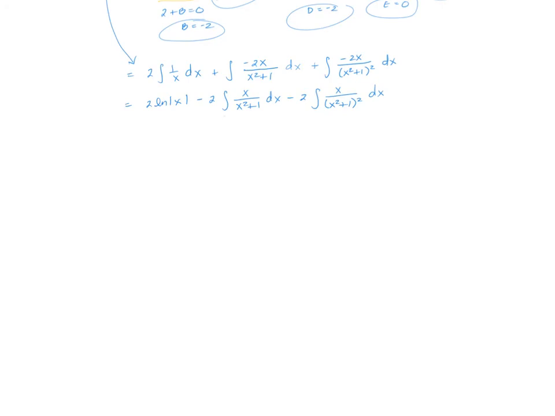And in both of these, I'm going to let u equal x squared plus 1, which gives me du is equal to 2x dx, or du over 2 is equal to x dx. And that will be the same for the last integral if we let u be x squared plus 1, and we have du over 2 is equal to x dx.